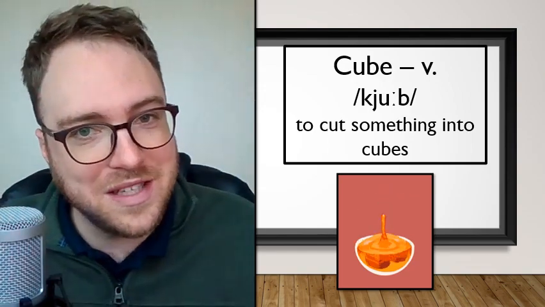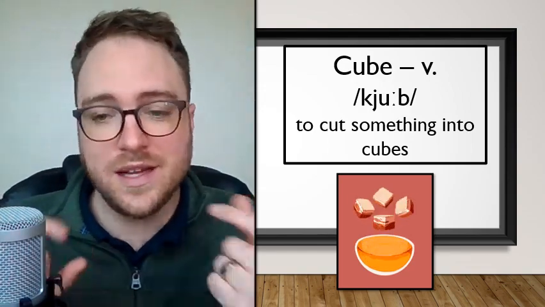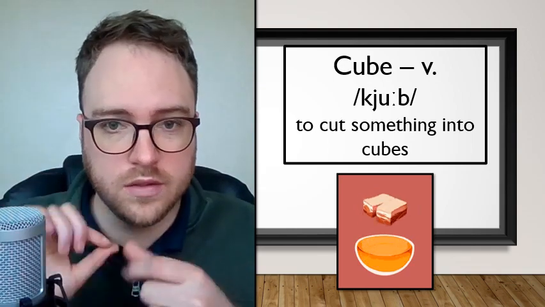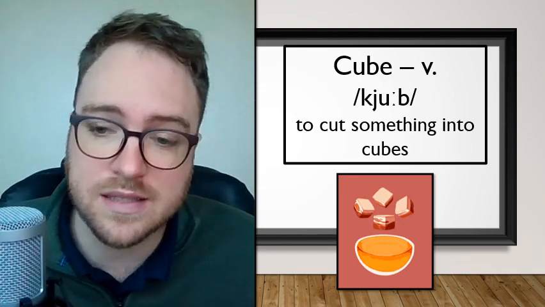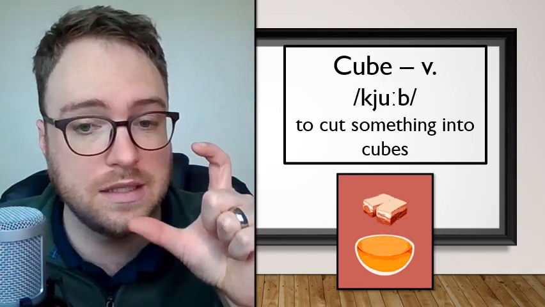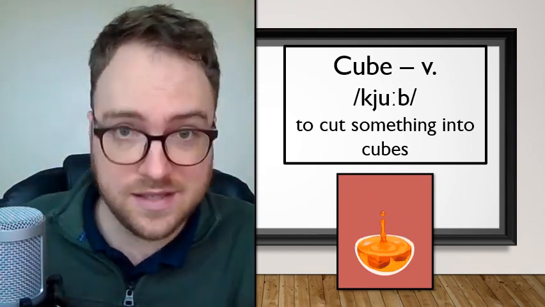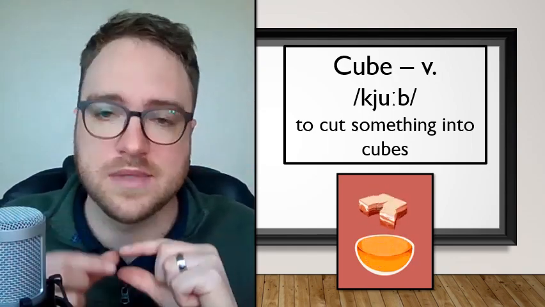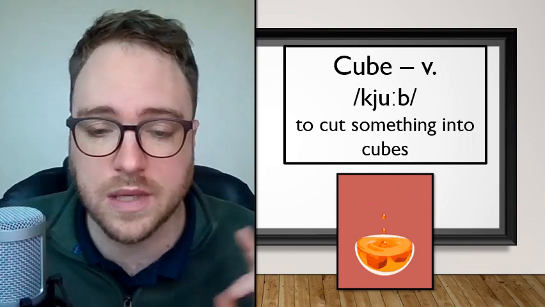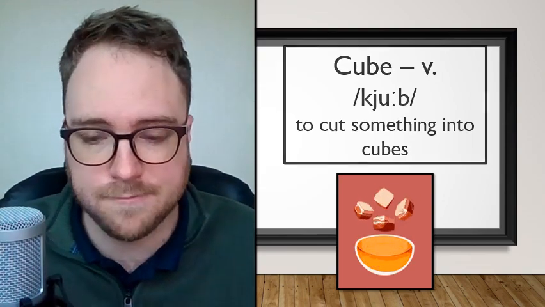Well, what is a cube? It's like a dice. It's a square. But when you cube something, the pieces can be big. When you dice something, the pieces should be small, the same size as a dice. So that's the difference between cube and dice.